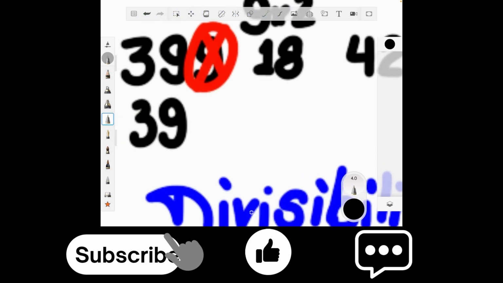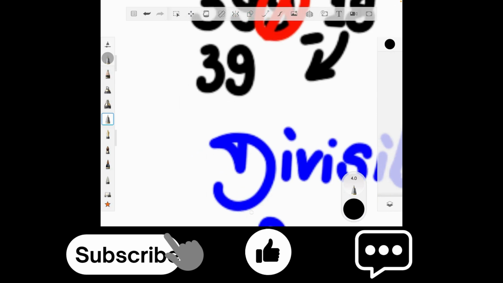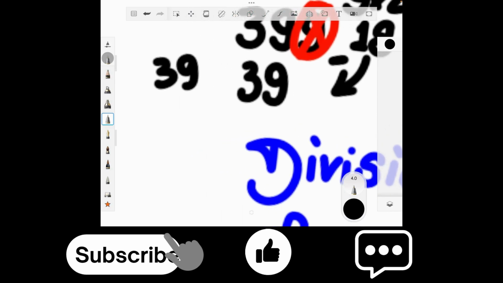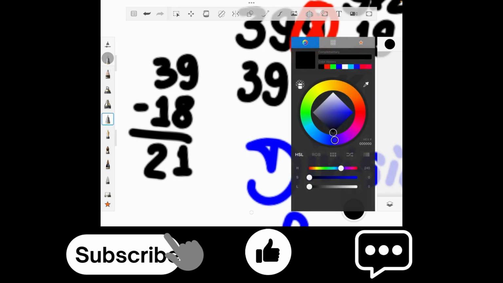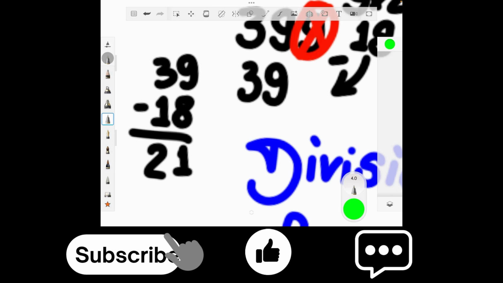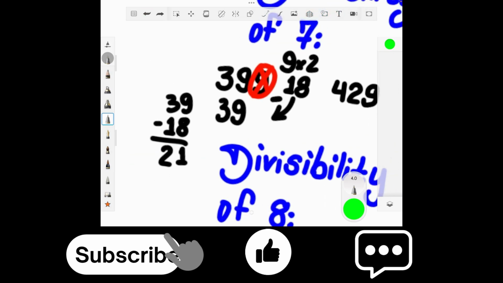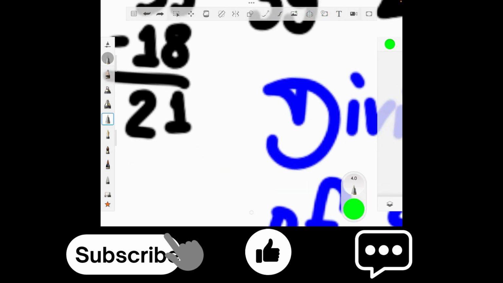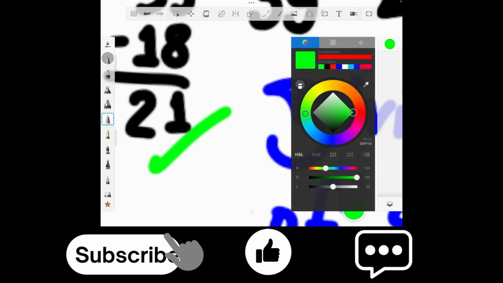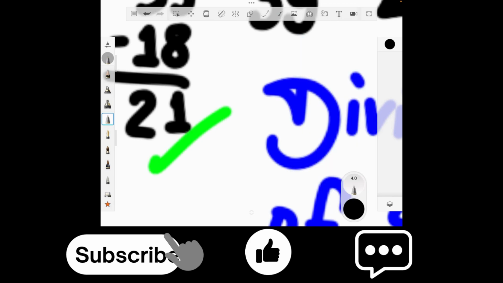So we are going to subtract that from 39. So 39 minus 18, 9 minus 8 is equal to 1. 3 minus 1 is equal to 2, so 21. If this number is divisible by 7, then 399 is divisible by 7. So 21 is divisible by 7 because 7 times 3 is equal to this number.